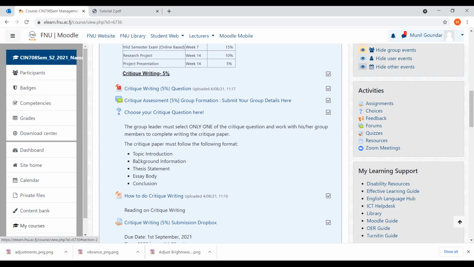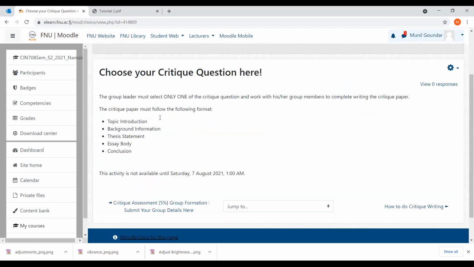Now, there's one more thing. Some of you have emailed me telling me that you have chosen a particular question for the critique writing. If you are one of those who have sent me emails, I've replied and told you something like this. You'll have to select the critique question in the section that says choose your critique question.